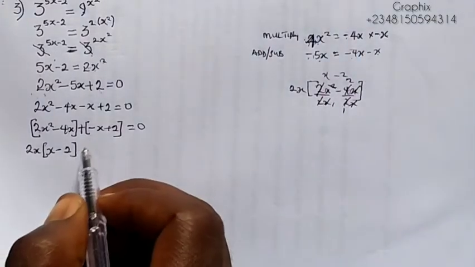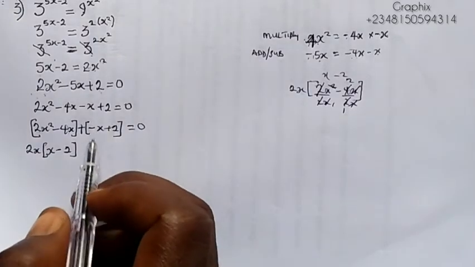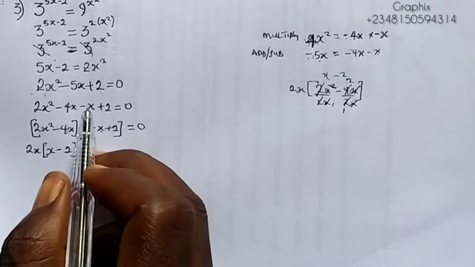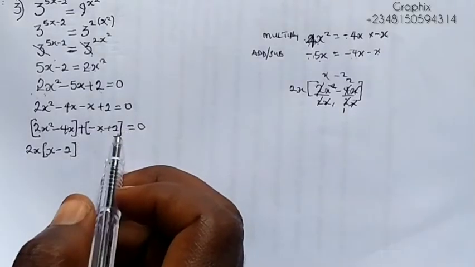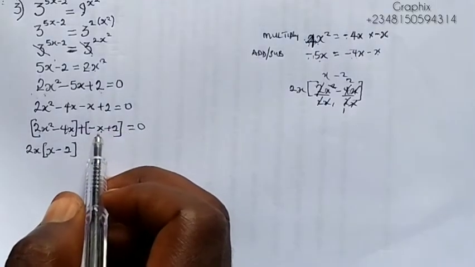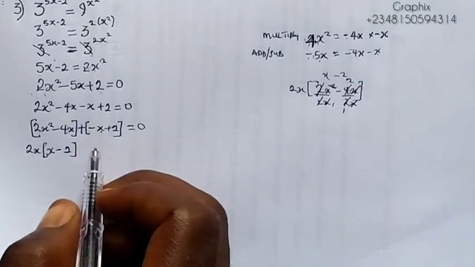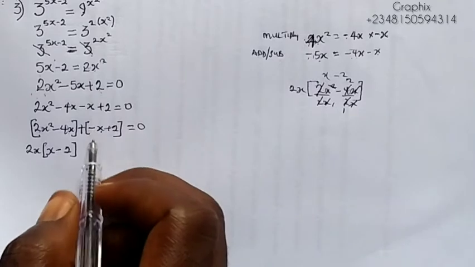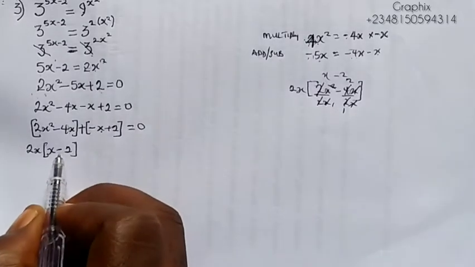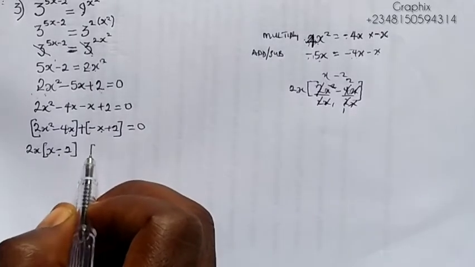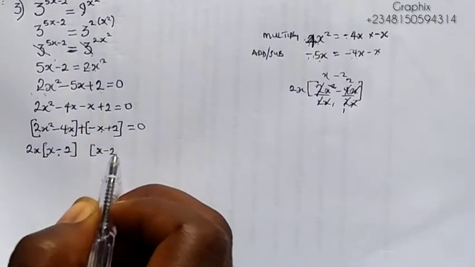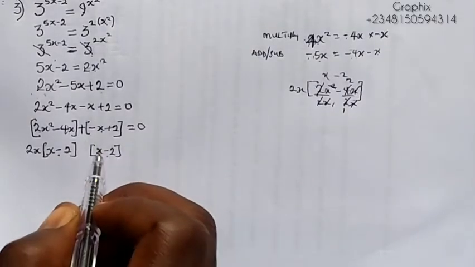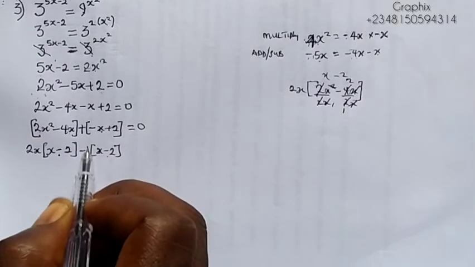So plus, now you ask yourself, what would I multiply with x to get minus x? That will be minus 1. So I'll bring out the minus 1, or you can say whatever I have here, I will surely have it here: x minus 2. Whatever is here must be here. So ask yourself, what will I multiply with x again to get minus x? That is minus 1.